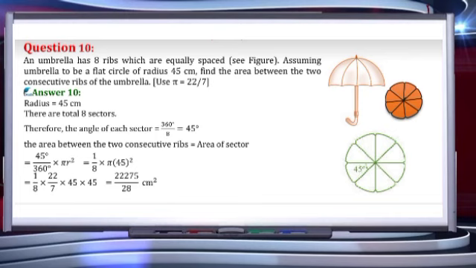Substituting the values in the formula, it reduces to 45 over 360 into pi r square, that is 1/8 into pi 45 square. So this reduces further to 1/8 into 22/7 into 45 into 45. On calculating this, we get the value as 22275 over 28 centimeter square. That is the area between two consecutive ribs of the umbrella.